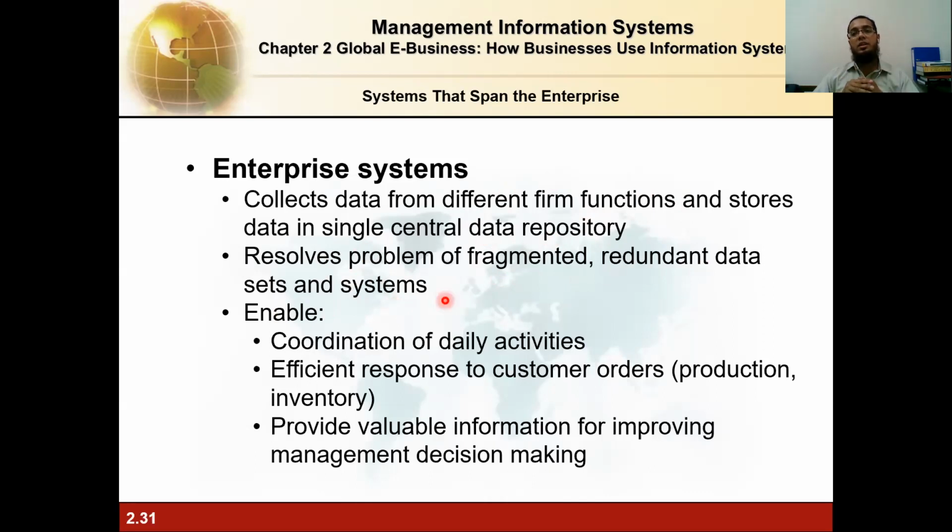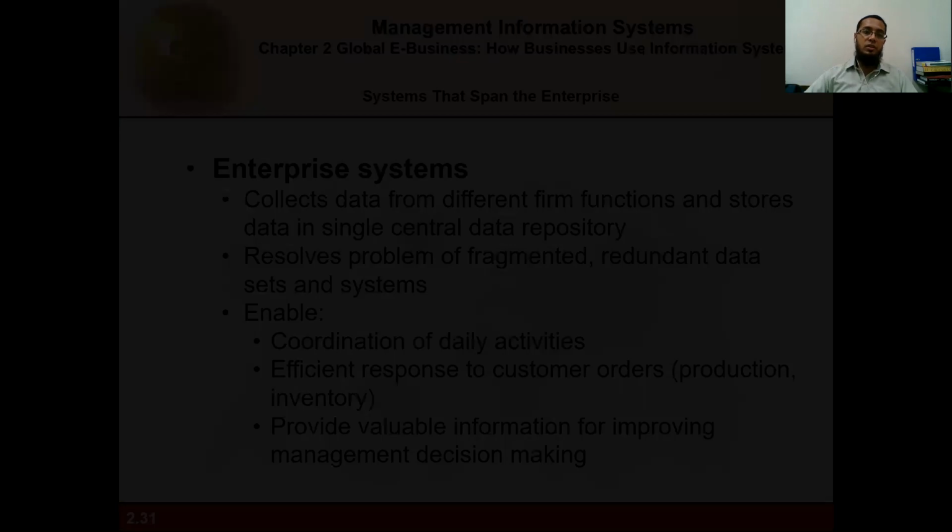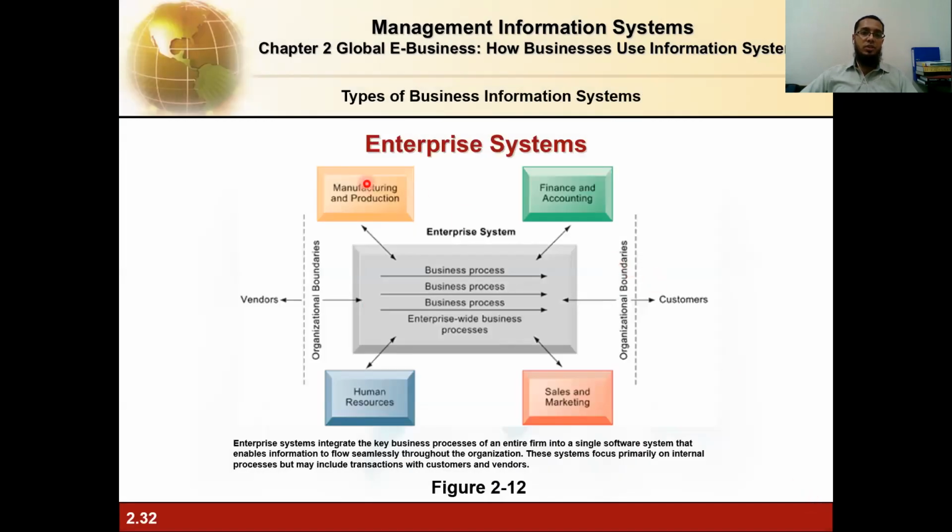Everyone can easily retrieve the data as per their access, because not everyone is allowed access to all the data. It enables coordination of daily activity, efficient response to customers, production and inventory, and provides valuable information for improving management decisions. Then executive support system.